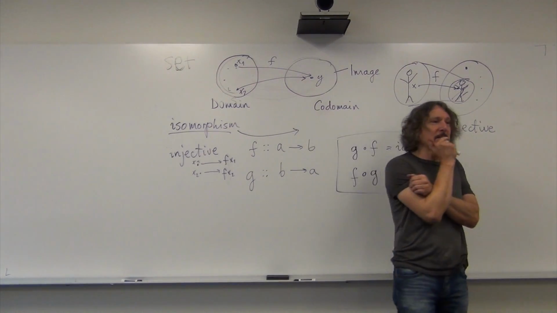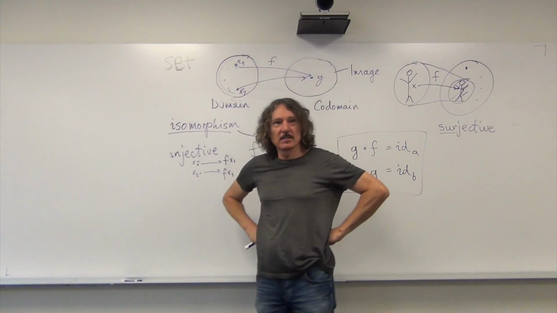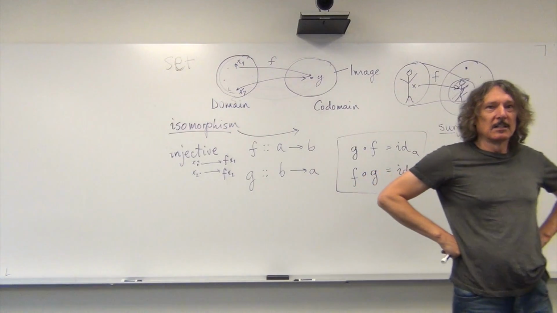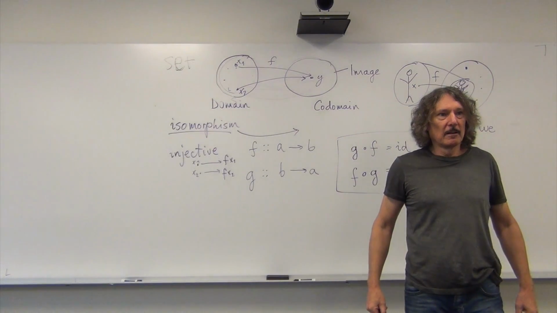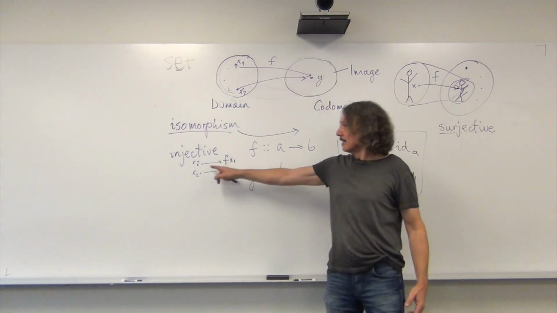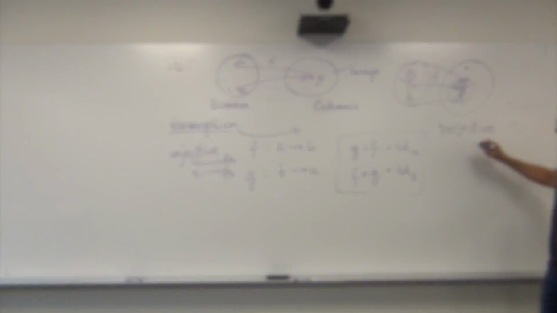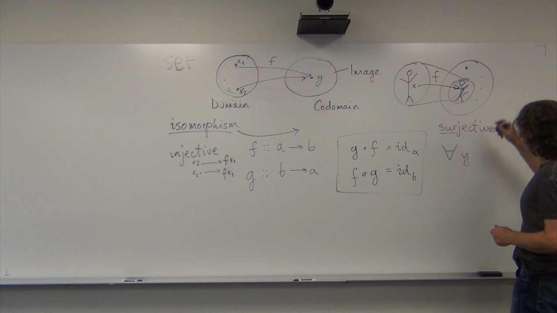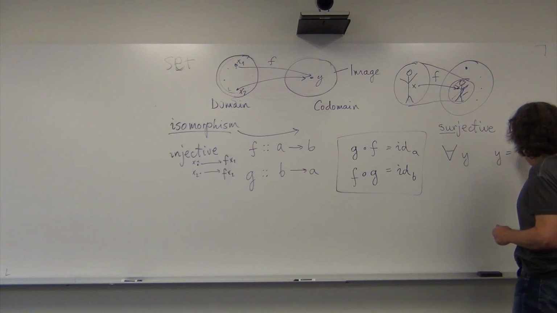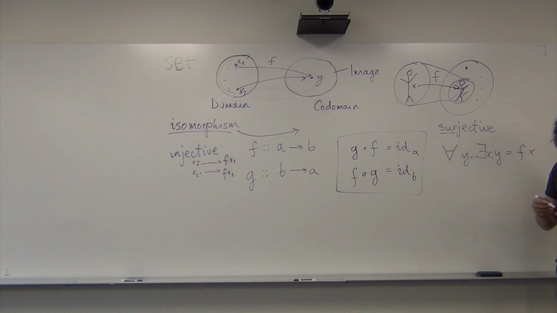But now you might say, okay, so we know something about set theory, that there are injective functions and surjective functions. Now, if we define this in terms of elements, right? And surjective means that for all y's in the second set, there exists an x such that y is equal to f of x.